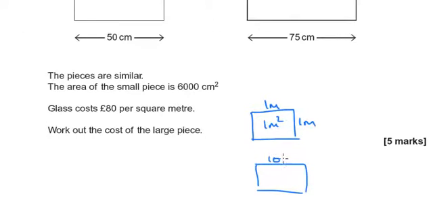If, though, I did it in centimetres, it would be 100 times 100, which is 10,000. So if we want to convert the areas, we don't just divide by 100, we have to divide by 10,000.